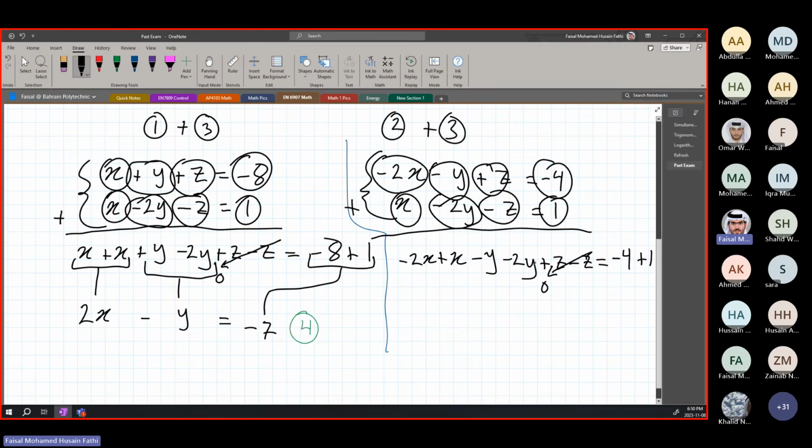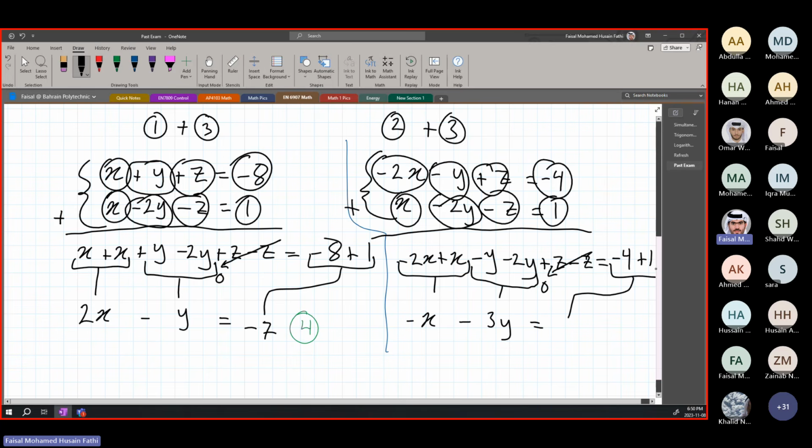Minus 2x plus x will become minus x, and then minus y minus 2y will become minus 3y, is equal to minus 4 plus 1, which is minus 3. And this we will call our equation 5.